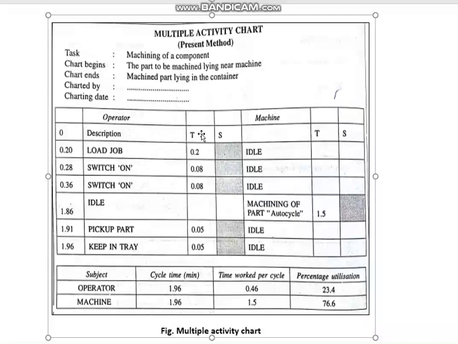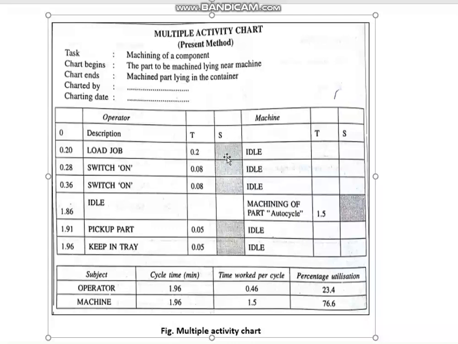And in the third column we have T, the time each activity is taking. The first column is cumulative time; this is not cumulative. And in the fourth column the symbol S is written, for the symbols.